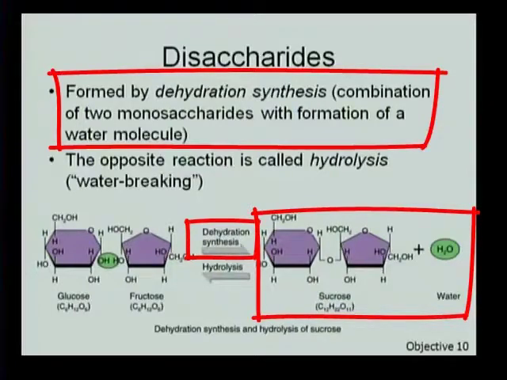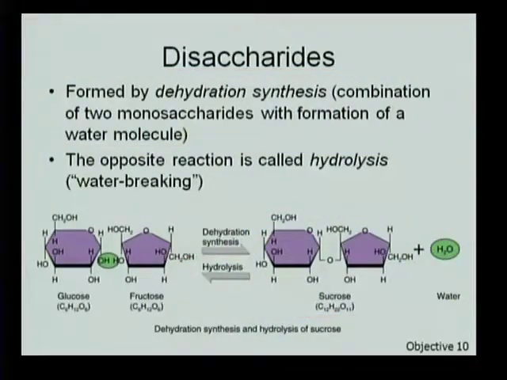Disaccharides are formed by something we're going to look at in detail later on, which is what's called a dehydration synthesis. A dehydration synthesis is one of the only chemical reactions that we're going to need to learn in this course. There's only two of them. One is the formation of the disaccharide bond in a dehydration synthesis.